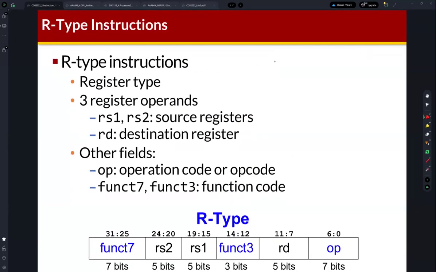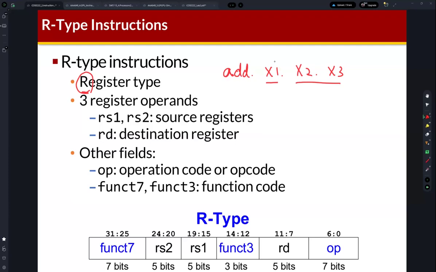Okay, let's see the example. R type means the register type. So R represents the register. And the example of this R-type instruction is the add instruction. add x1, x2, x3. Right? The add instruction requires two source registers and one destination register, right?